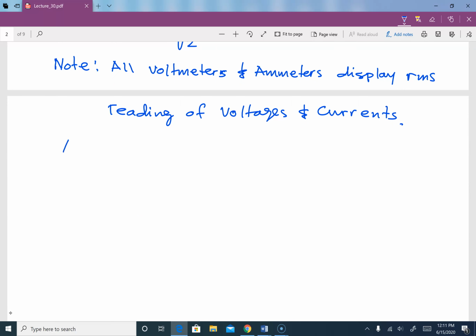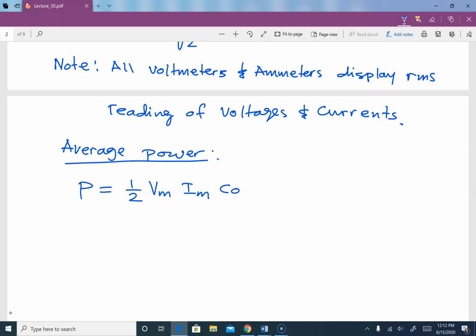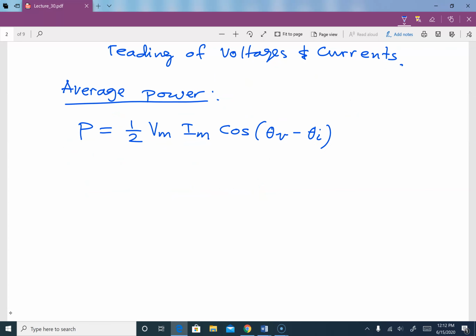So now, what about the average power? We remember that average power is equal to 1/2 Vm Im cosine of theta V minus theta I. That is the formula for average power when we are using sinusoidal waveforms.